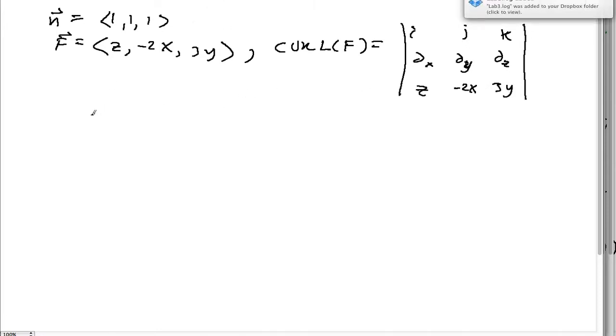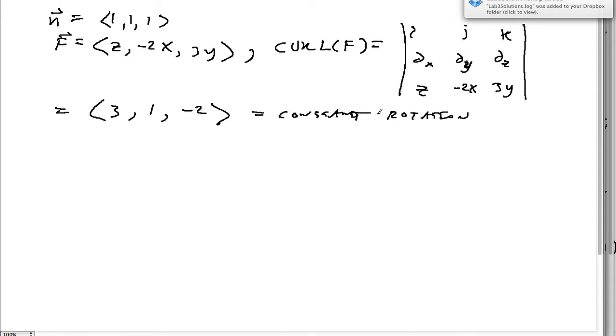Okay, so you can compute that to be 3, 1, negative 2. And that's pretty simple to compute. So it turns out that this is a constant rotation vector field.